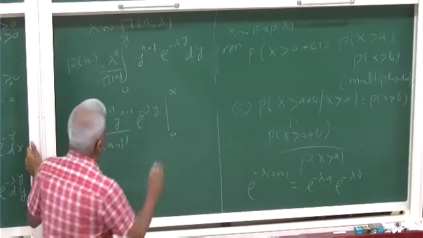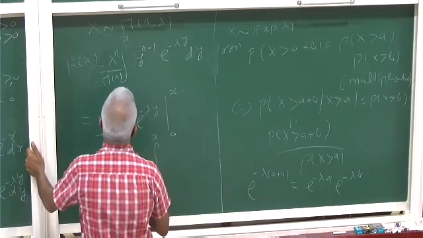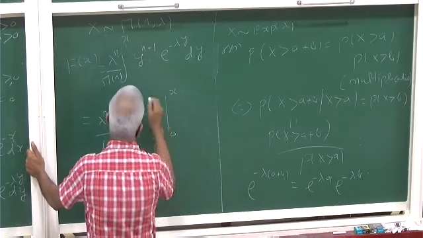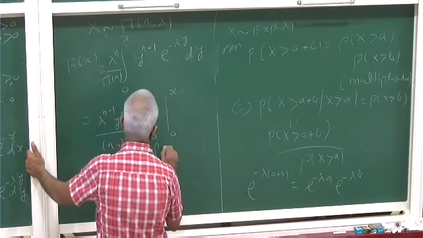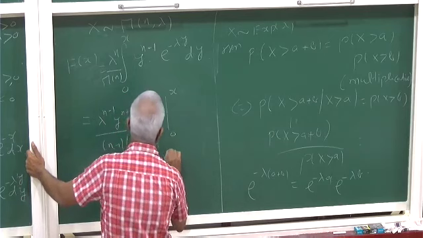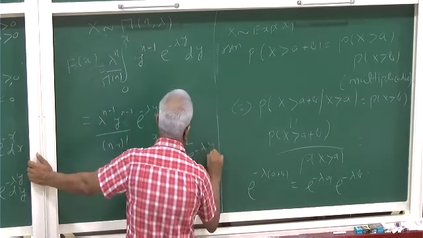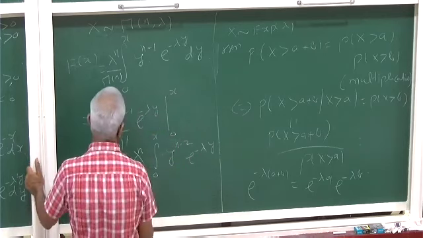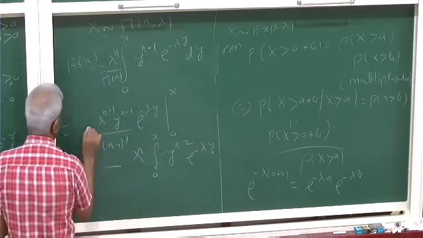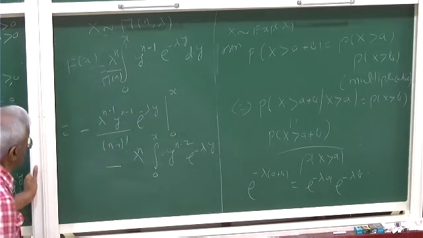Then minus the integral from 0 to x of y power n minus 2, e power minus lambda y, with a lambda. Here there is a minus, and this will be a plus.